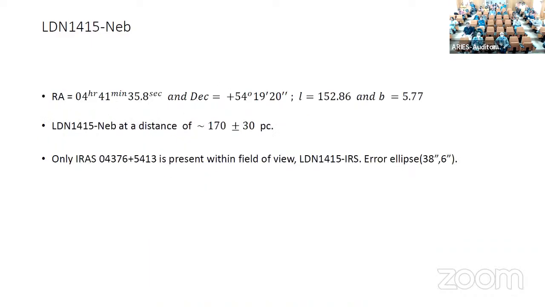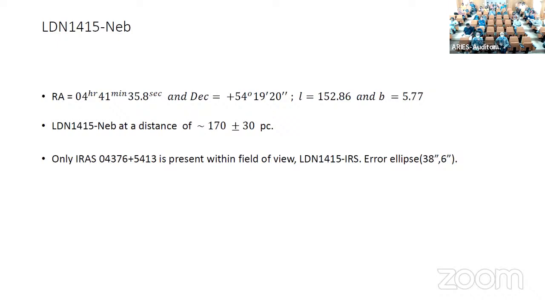So the basic parameters of this LDN 1415 nebula: it is a 4-hour source, situated in the northern hemisphere at a declination of 54 degrees. It is expected to be at a distance of 1070 parsec; there is uncertainty in the distance of this object, and I'll talk about it a little at the end.